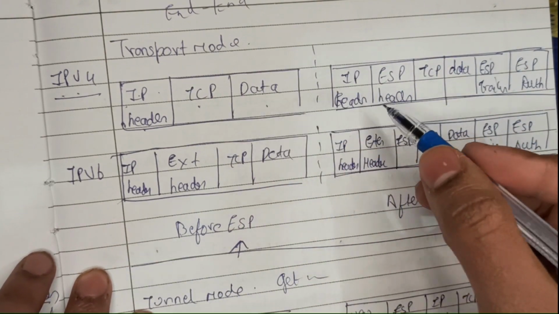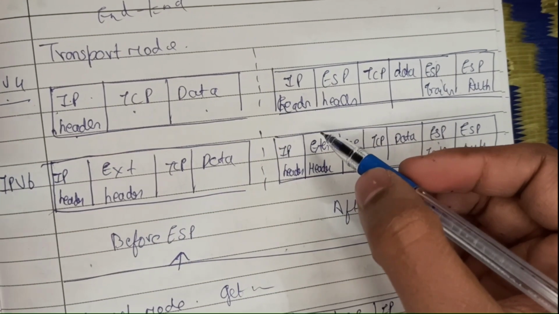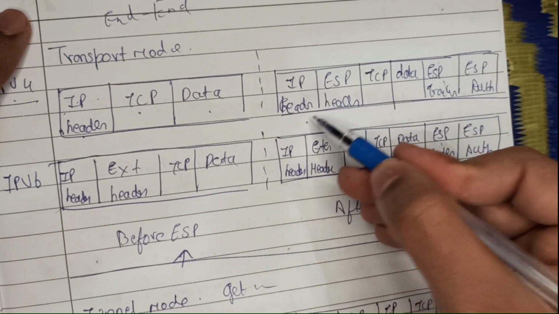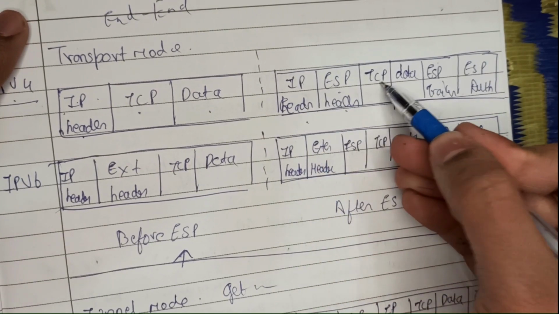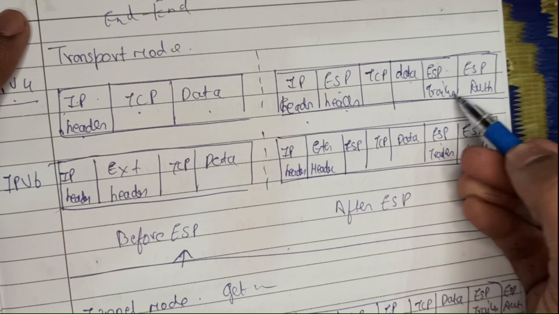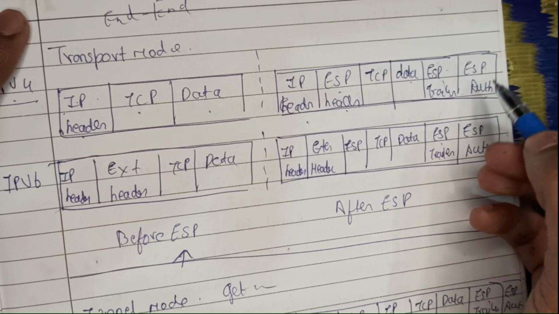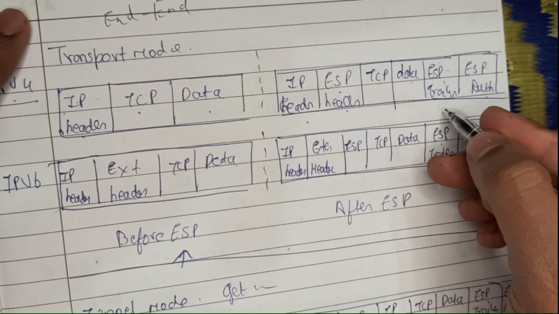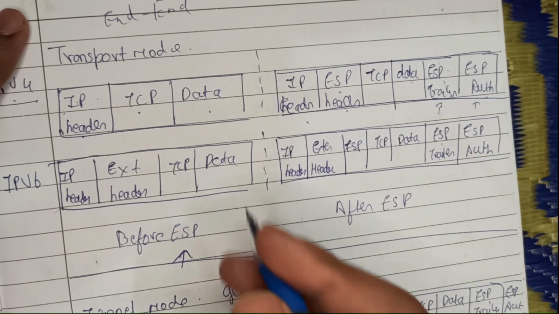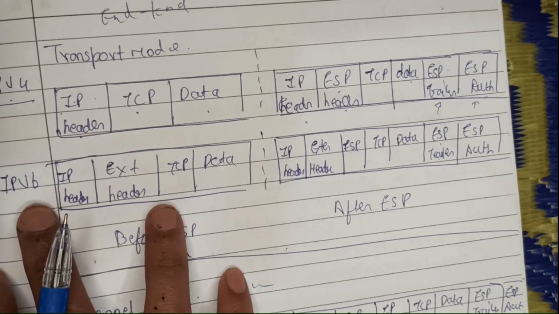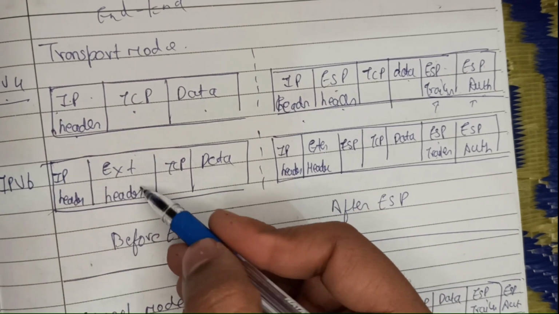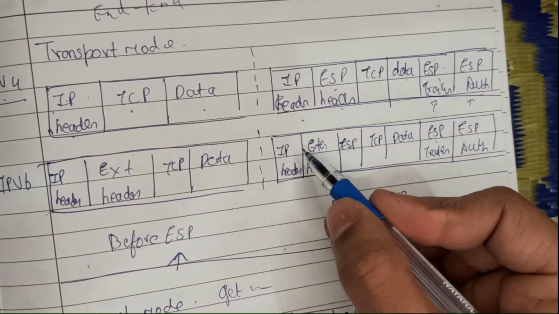After applying the ESP protocol, how does it look? It looks something like this: IP header, ESP header, TCP, data, ESP trailer and ESP auth. After applying, we have one more field, ESP trailer and ESP auth. Similarly for IPv6: IP header, extension header, TCP and data.